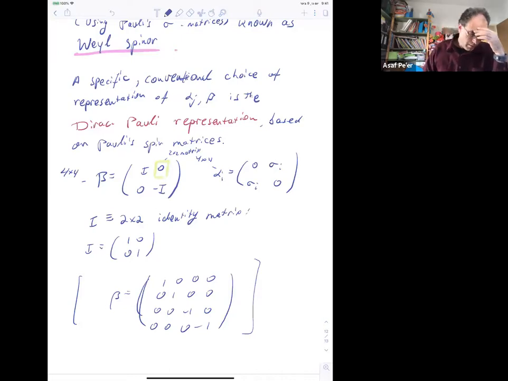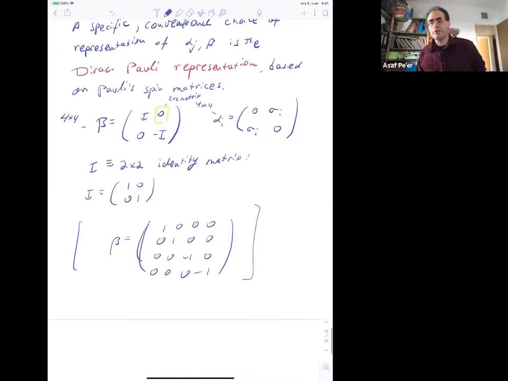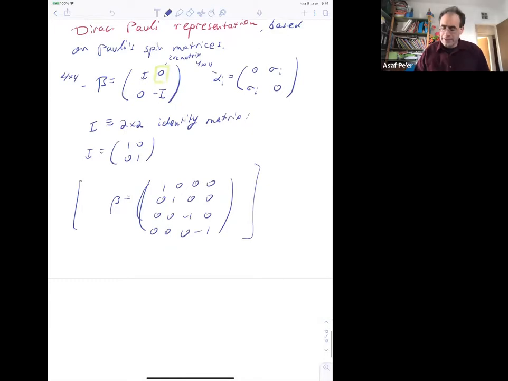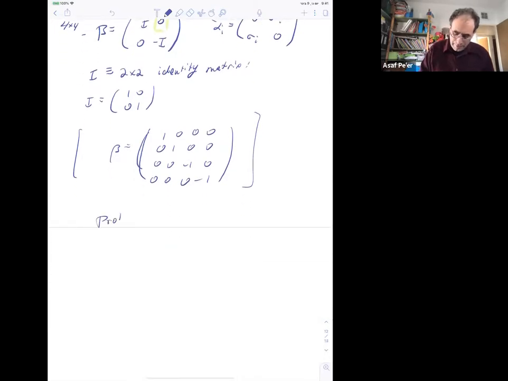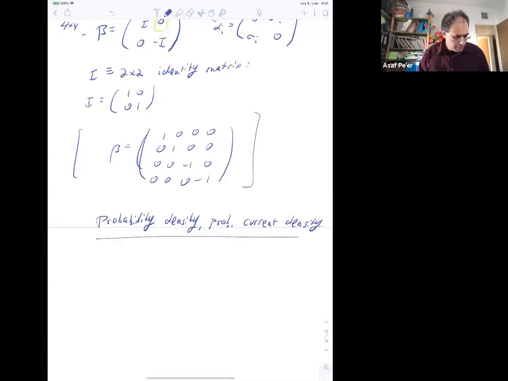Okay, good. What about probability density? Remember that Dirac's main motivation was the negative probability density that we get in the Klein-Gordon equation. So what about the probability density and the probability current density? We are going to follow the same procedure that we did when we calculated the probability density for the Klein-Gordon equation.